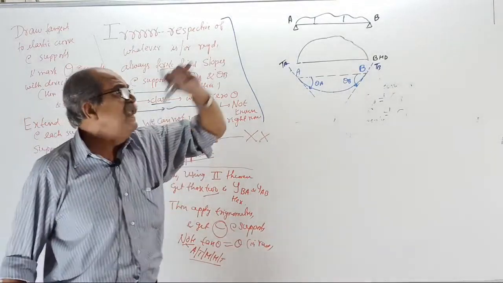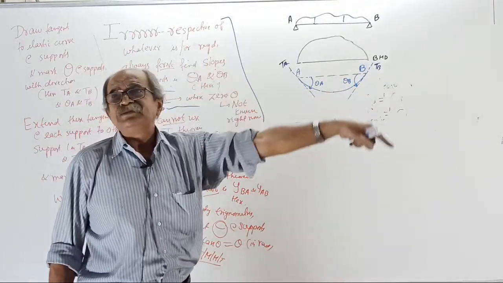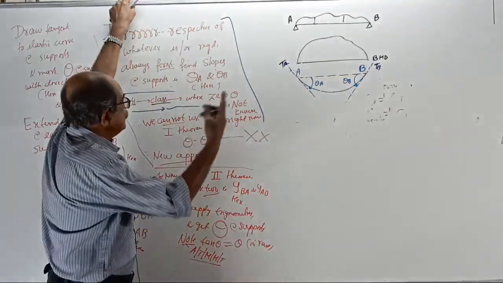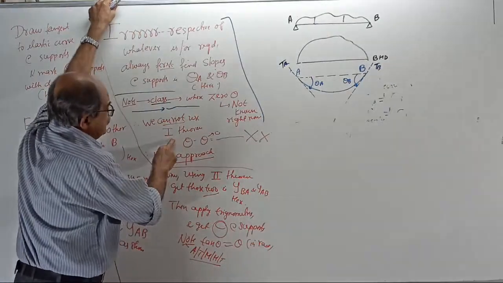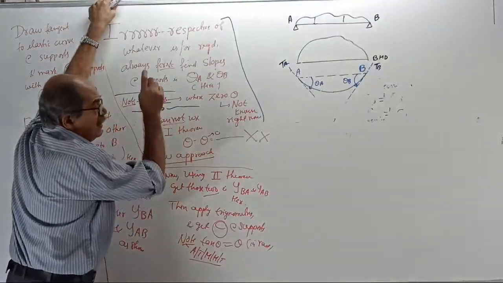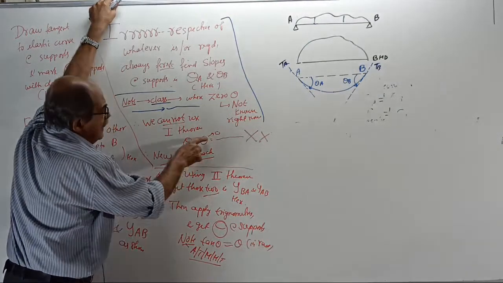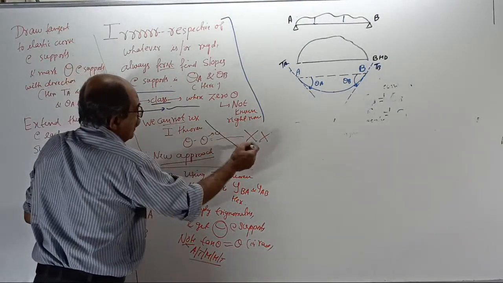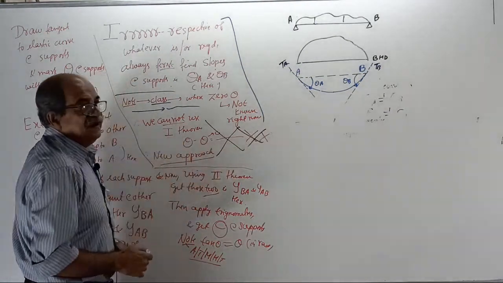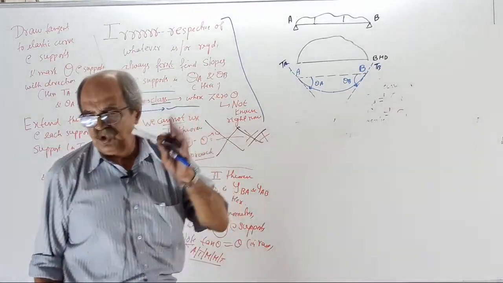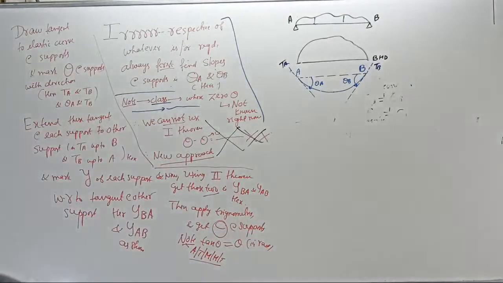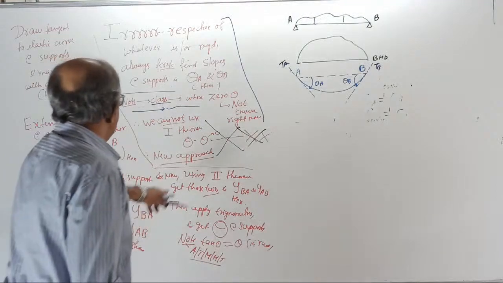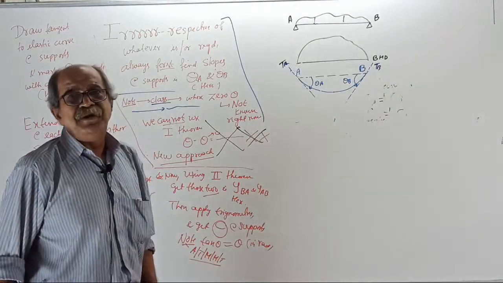Slope here minus slope somewhere. If that somewhere slope is 0, you get this slope. See, first theorem is theta minus theta. We always select the other point so that other theta is 0. This is not possible because we do not know where is 0 theta. Clear? Okay. Therefore, you need a new approach for moment area method.